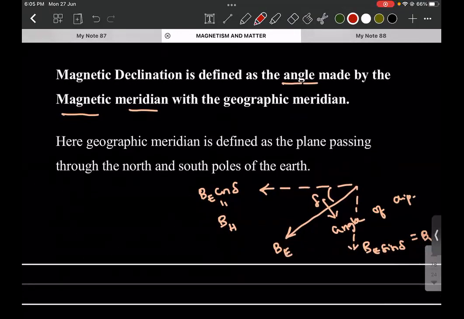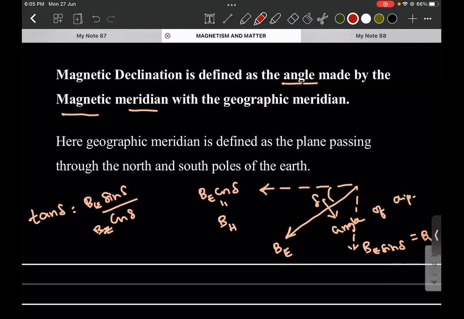One last point here. If I resolve it into two components, then what can I call tan delta as? Tan delta, I can write it as sin delta divided by cos delta. I'll multiply and divide with BE here.